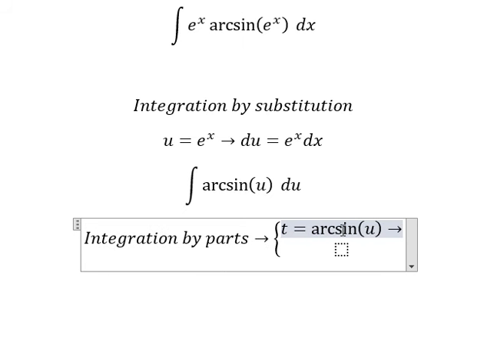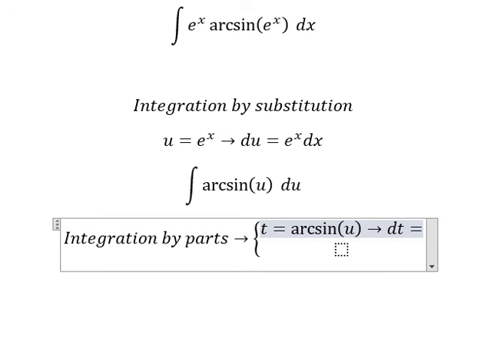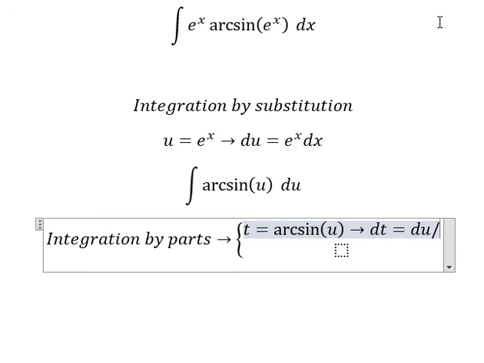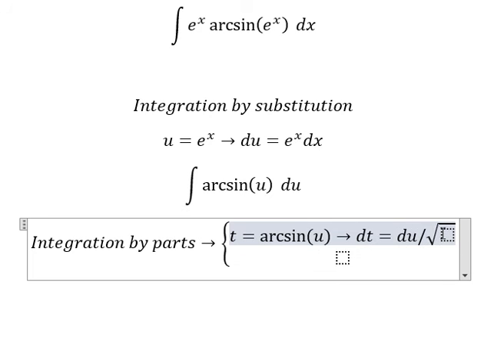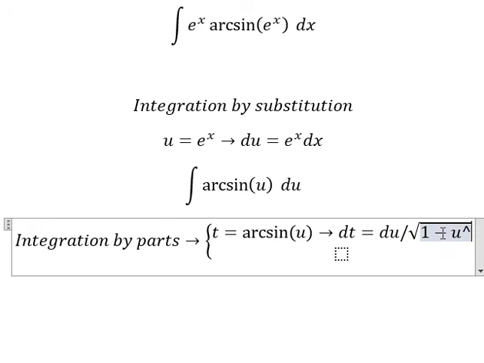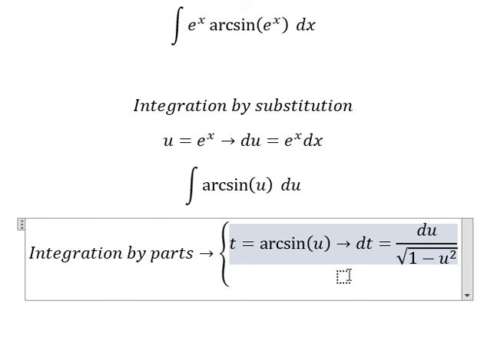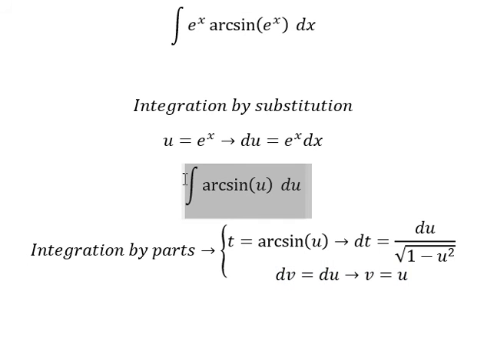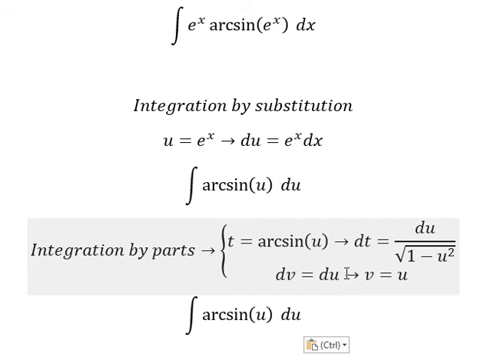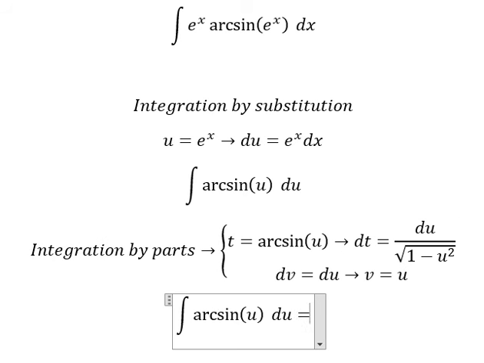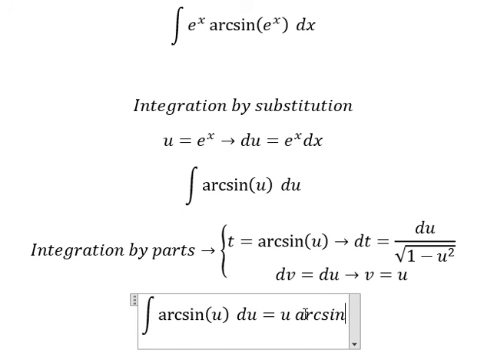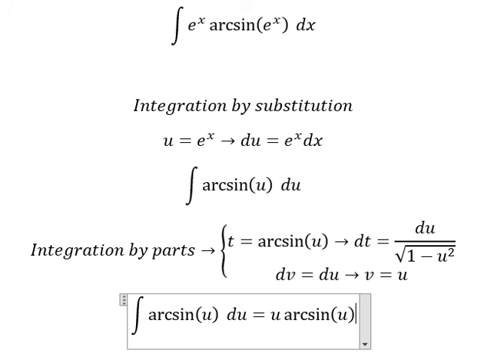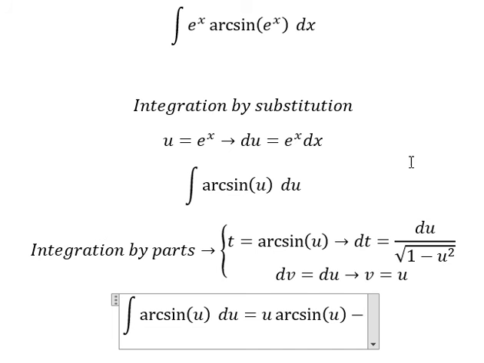If we take the first derivative of both sides, we have du over the square root of 1 minus u square. dv is du and v equals u. So we have t multiplied by v minus the integral of v dt.